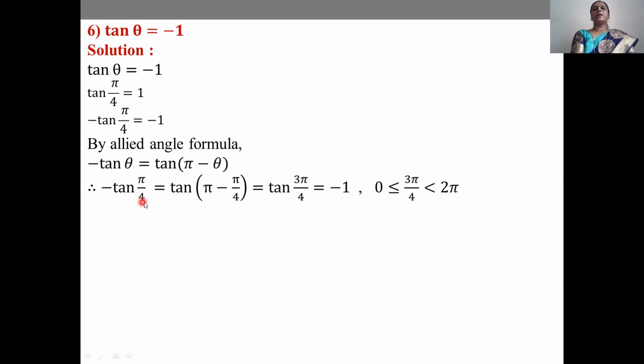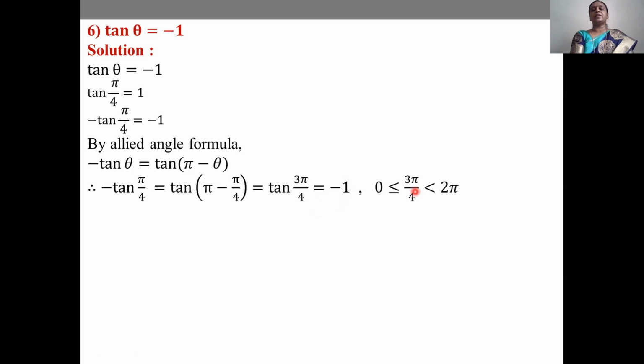Now, minus tan pi by 4 is equivalent to tan 3 pi by 4. The value of minus tan pi by 4 is minus 1. Therefore, write down this is equal to minus 1. Means at the angle 3 pi by 4, we get the value of tan as minus 1. Now, this angle 3 pi by 4.